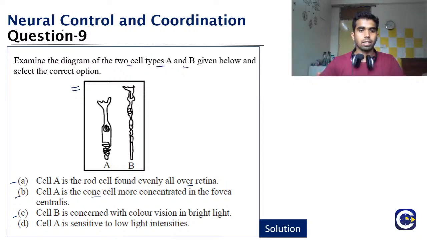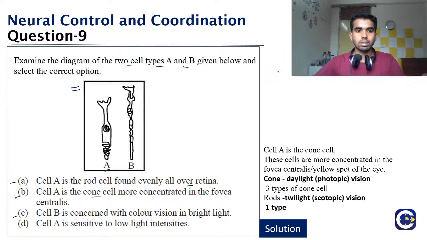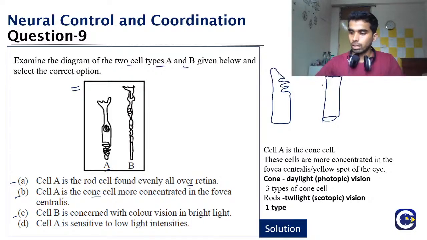So to answer this question, you should know what is cell A and what is cell B. The actual diagram looks like this for cell A, and this is how cell B looks. So tell me, what does cell A look like? Cell A looks like a cone, and that is why it is known as the cone cell. And cell B looks like a rod, and that is why it is known as the rod cell.